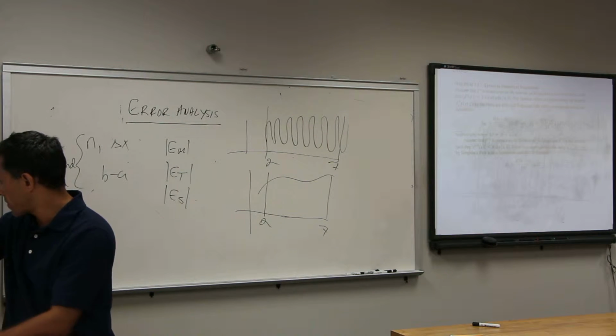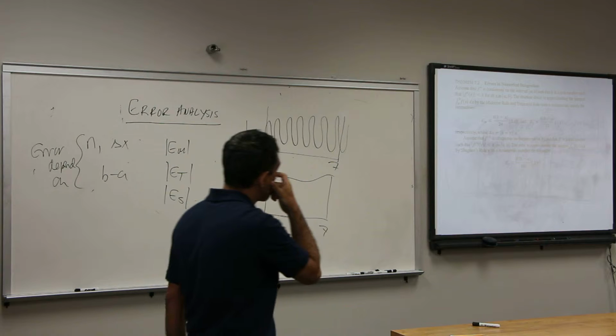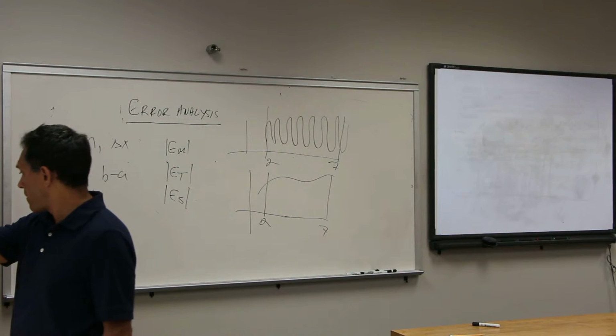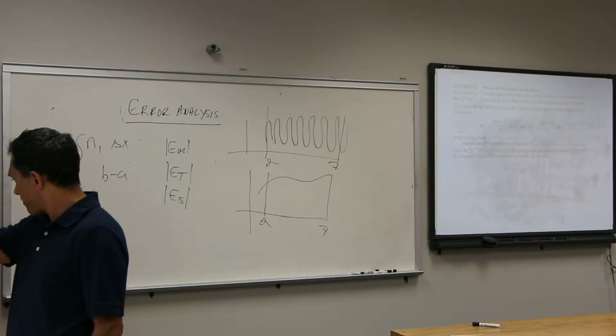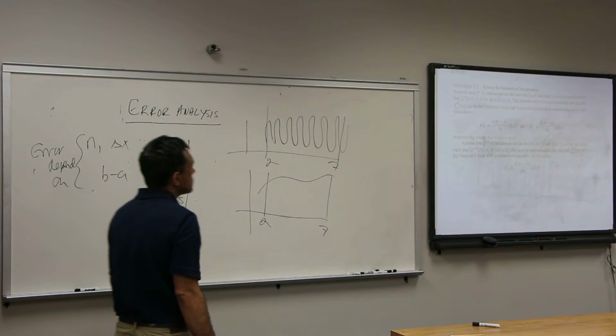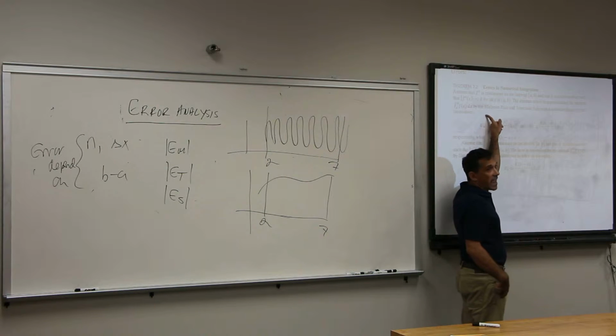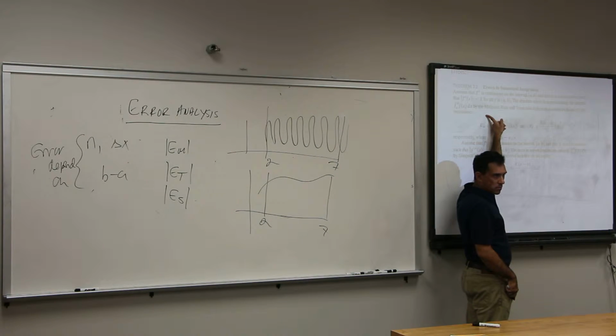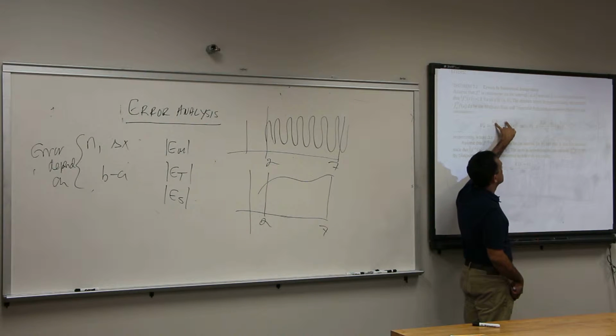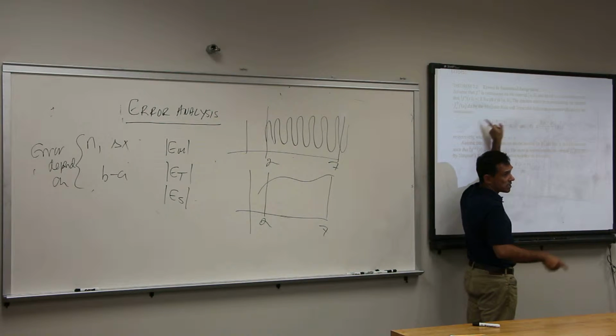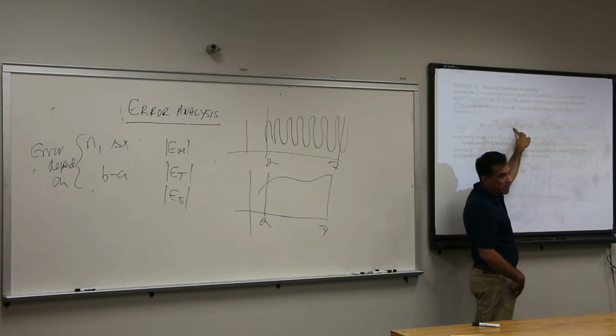That's a theorem, which means you have to do some serious analysis to prove it. The error on the midpoint rule is no more than b minus a. So the bigger the b minus a, the bigger your error. Times delta x squared, the bigger your delta x, the bigger your error.